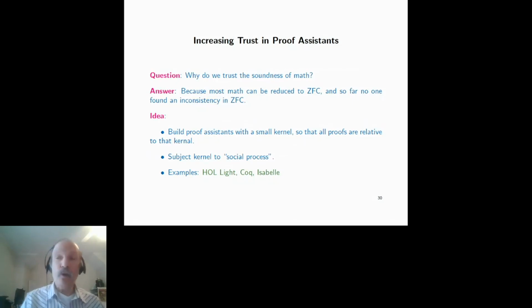And so there will be a social process by this bootstrapping approach. And there are theorem provers such as HOL Light, Coq, and Isabelle that follow this strategy. So Miller, Lipton, and Perlis were right. You need a social process. They missed the fact that there is a way we can build trust without people having to read a 1,000-page mechanical proof.